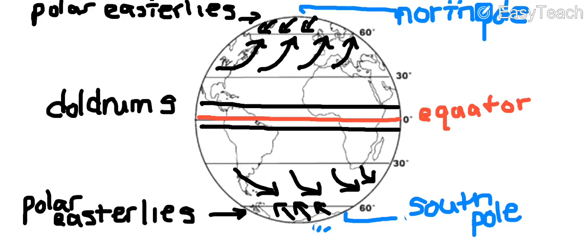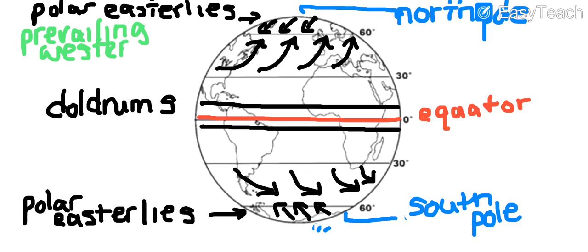So between 60 degrees north and 30 degrees north, and between 60 degrees south and 30 degrees south, we have prevailing westerlies. I'm going to switch the color because I know it's a little bit crowded to try to help you see that. So we've got prevailing westerlies right here.